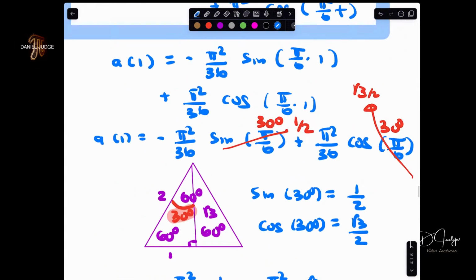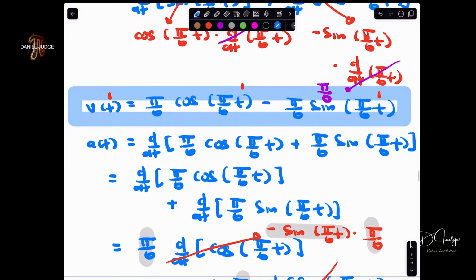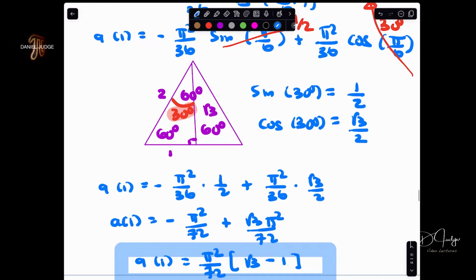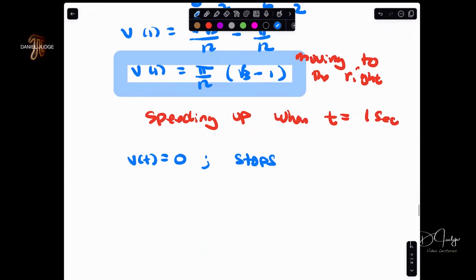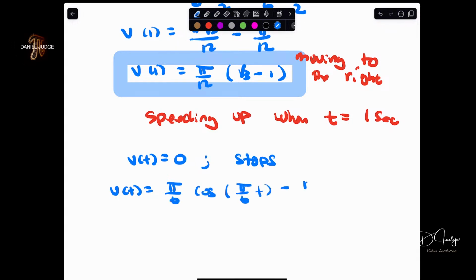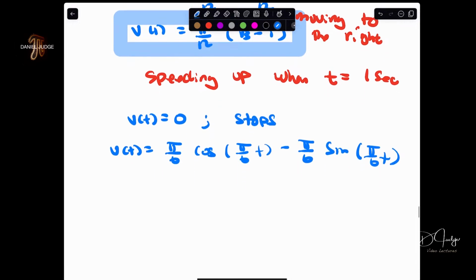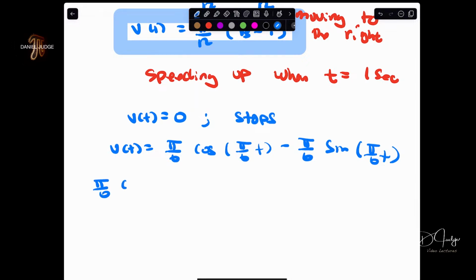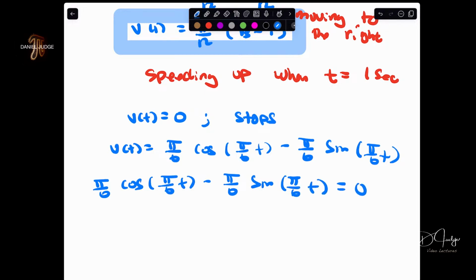V of t now is pi over 6 cosine pi over 6t minus pi over 6 sine pi over 6t. And that velocity is 0. So you say pi over 6 cosine pi over 6t minus pi over 6 sine pi over 6t equals 0 now.